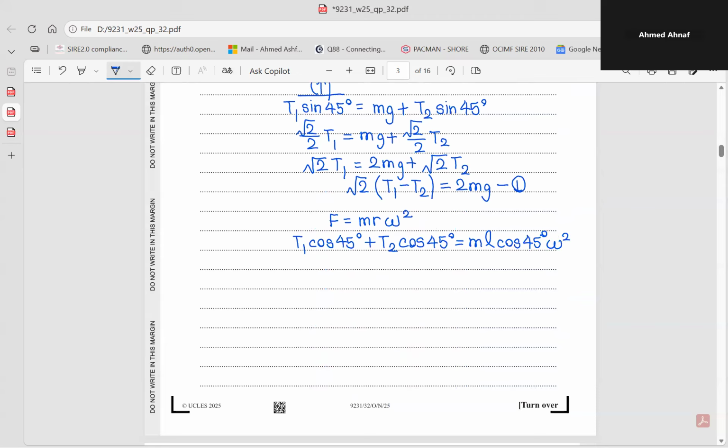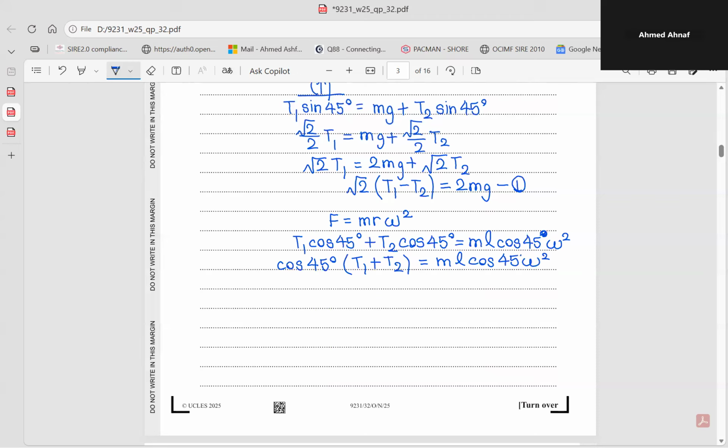So from the left-hand side, we can factor out cosine 45 degrees: cosine 45 bracket T1 plus T2 equals mL cosine 45 omega squared.